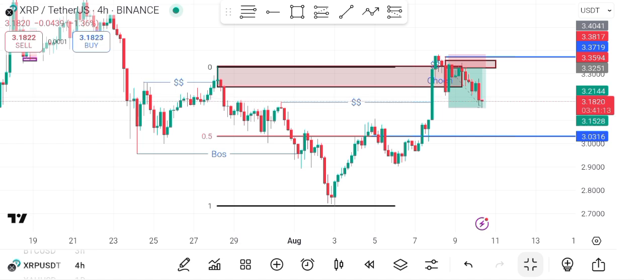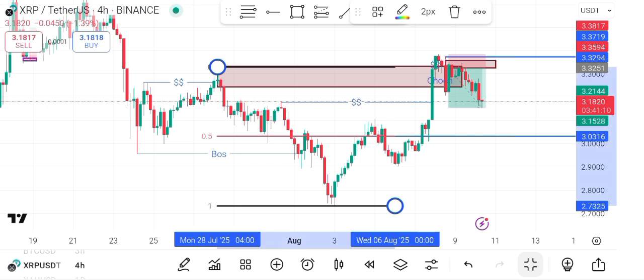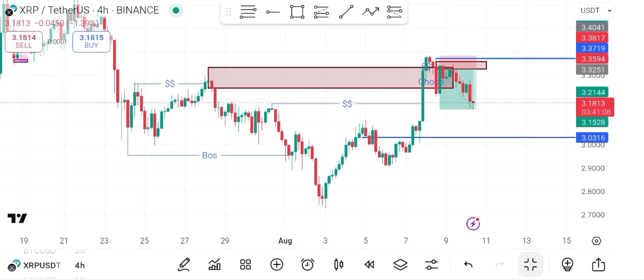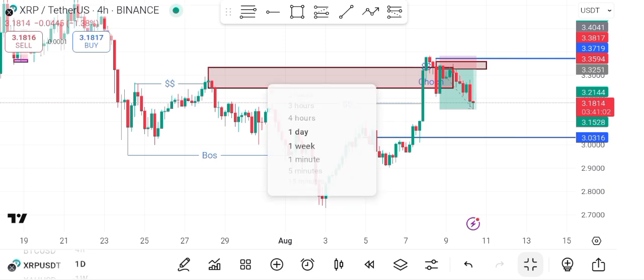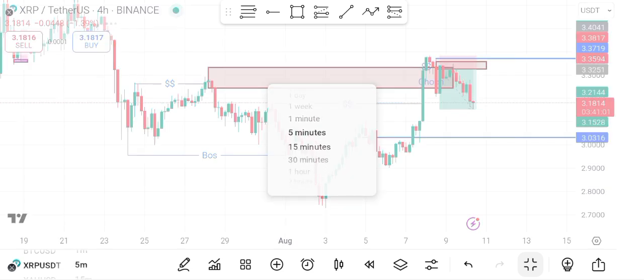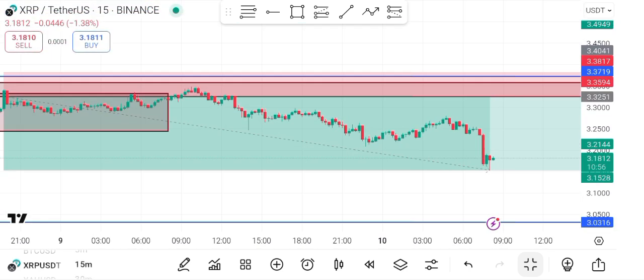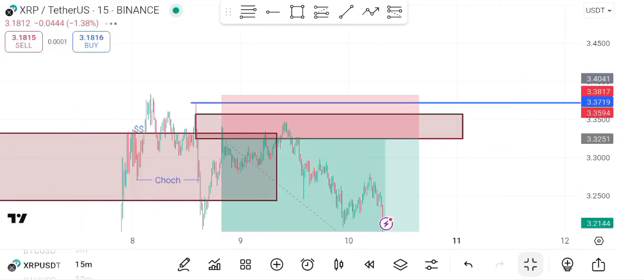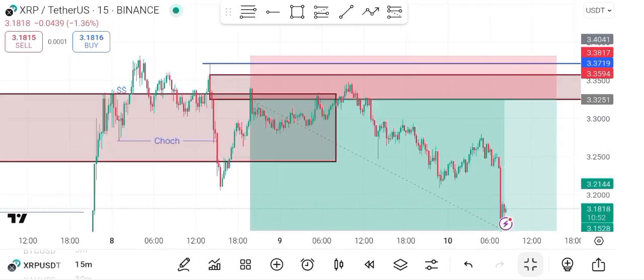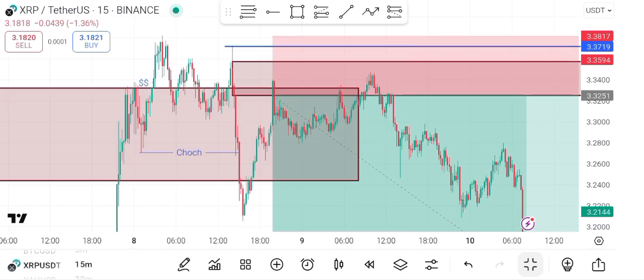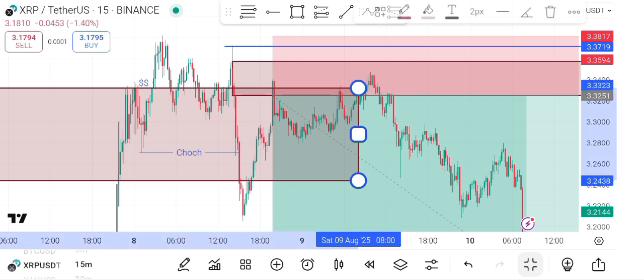How do I take my trade from the 15-minute time frame? It's an easy step. All I have to do is go into the 15-minute time frame to look for a change of character. That's so simple. Since I've mapped out my POI and I don't want to take a trade immediately, I have to look for a confirmation.